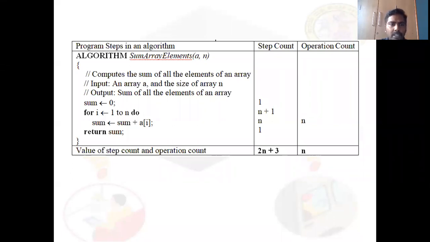Now for this algorithm, the first statement is an assignment, sum equals 0. That is one step, and it is going to execute only one time, so it is shown as 1.